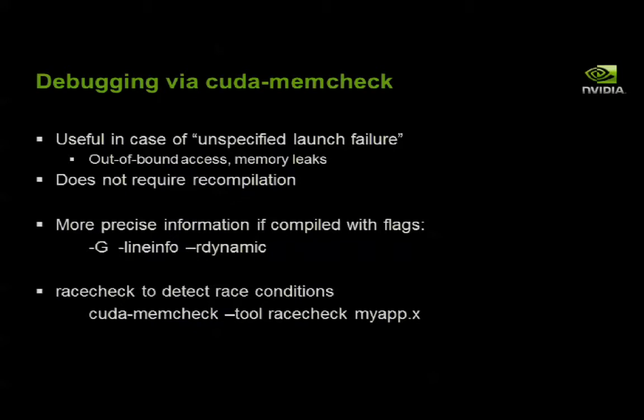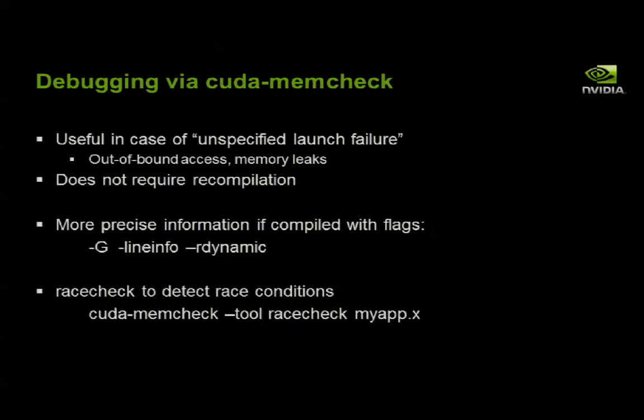I mean, you know most likely somebody's writing out of bounds, or you're dereferencing a null pointer or whatnot, but yeah, what to do next? So all you need to do at that point is to rerun your application with CUDA MemCheck and then your binary. And CUDA MemCheck will show you the place where the problem occurred.